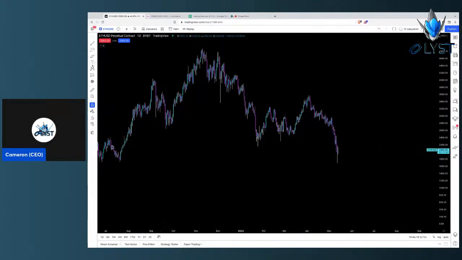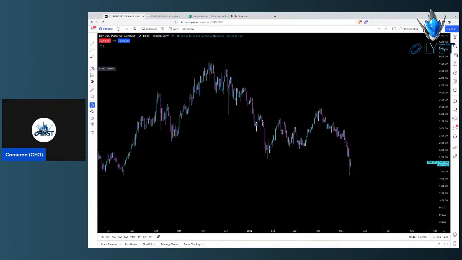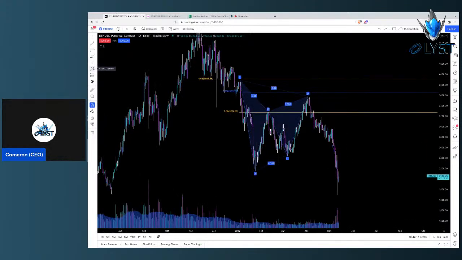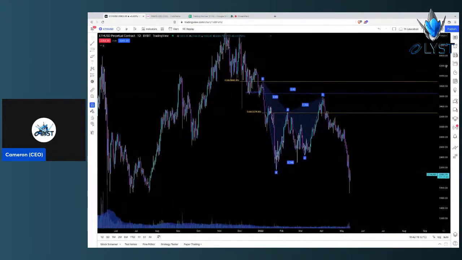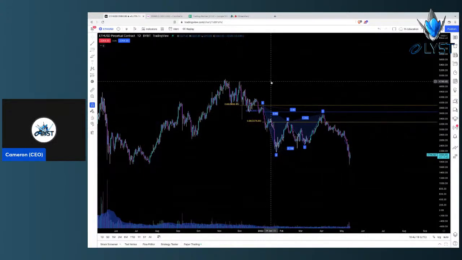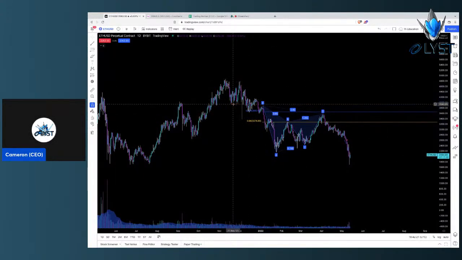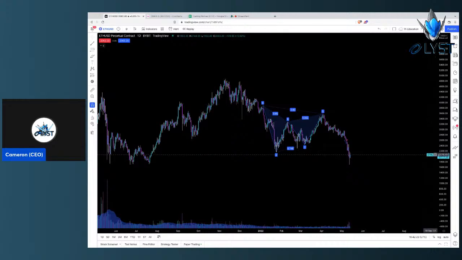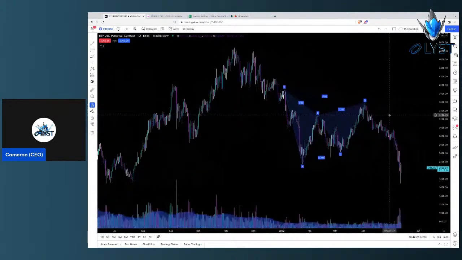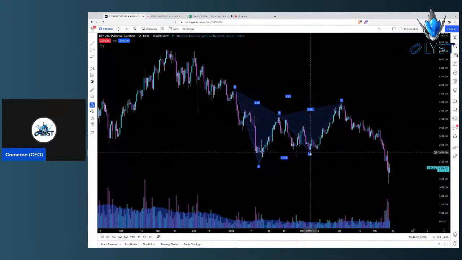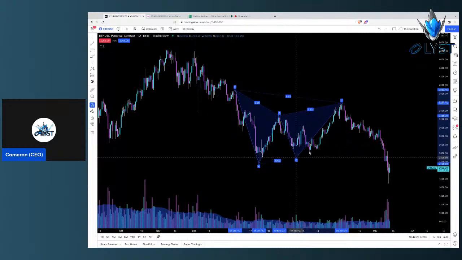So let me just show you. We're going to be getting into cipher patterns and harmonics and stuff like that. This just doesn't look very clean to me.